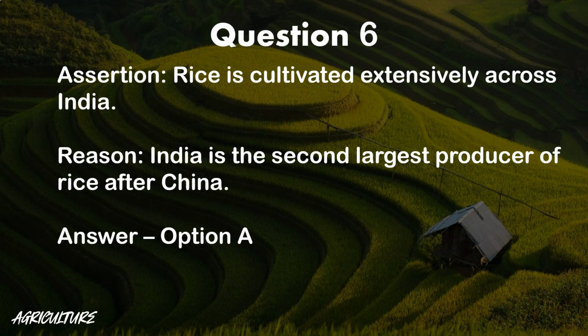And reason: India is the second largest producer of rice after China. Obviously the reason is the correct explanation of the assertion, because to take the position as the second largest producer of rice after China, rice has to be cultivated extensively across the expanse of the country. So assertion and reason are both true, and reason is the correct explanation.